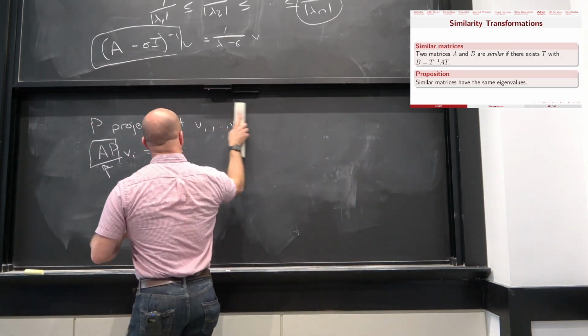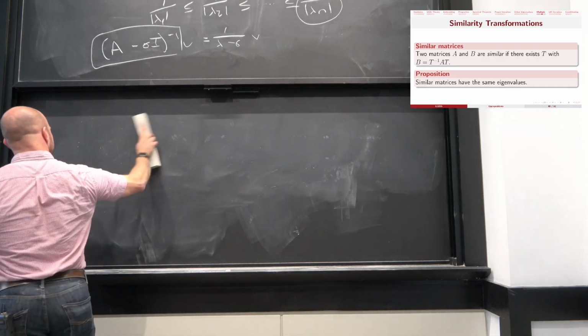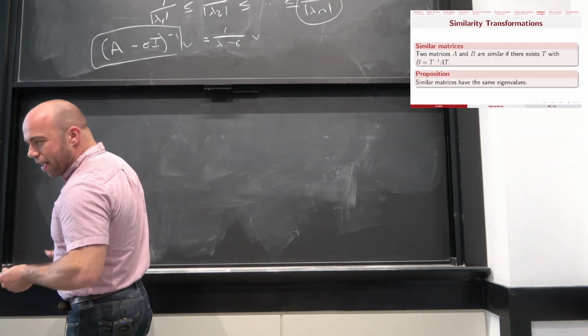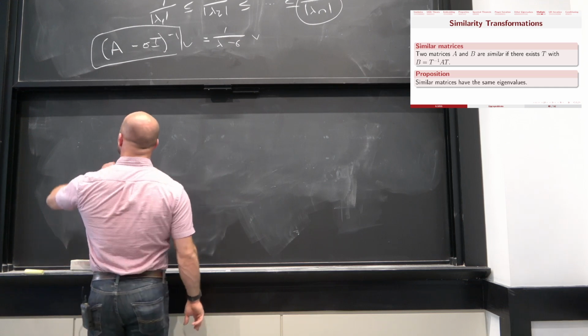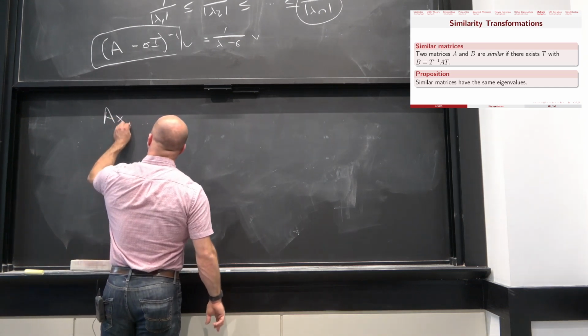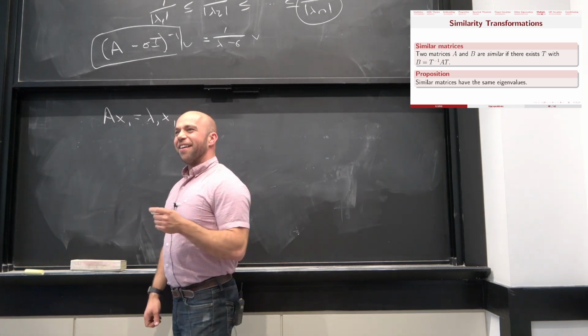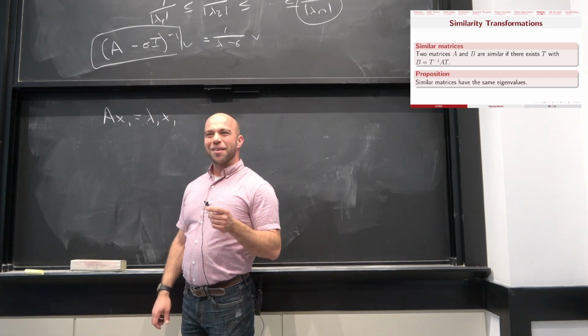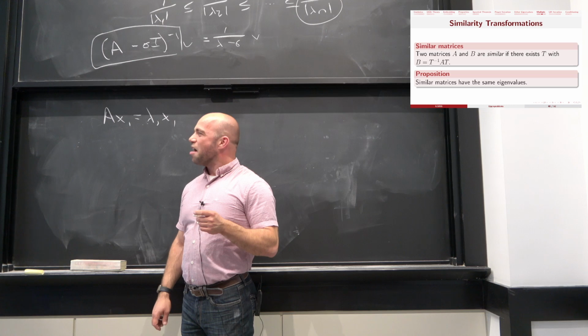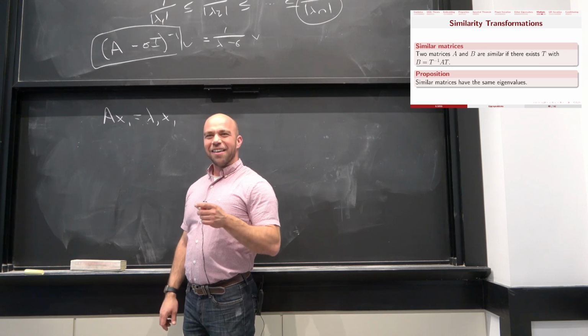So let's say we're just going to do the first iteration of this algorithm. In particular, let's say that we compute x1. So we know A x1 is equal to lambda 1 x1. We just do power iteration, and we find that fact. Now we're going to do a really sneaky thing.